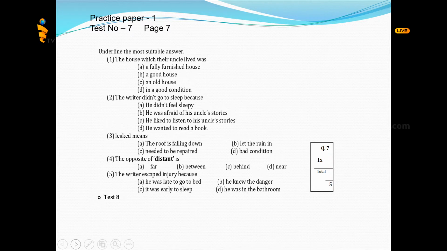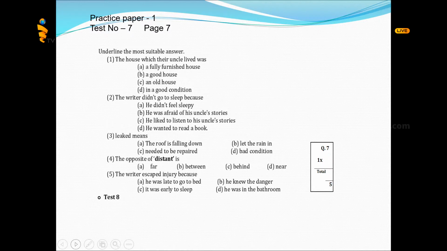Question number 2. The writer didn't go to sleep because: he didn't feel sleepy, he was afraid of his uncle's stories, he liked to listen to his uncle's stories, he wanted to read a book. Now children, see, I kept my eyes open hardly. They have never mentioned that he was feeling sleepy, though he was feeling sleepy, it says I kept my eyes open hardly.